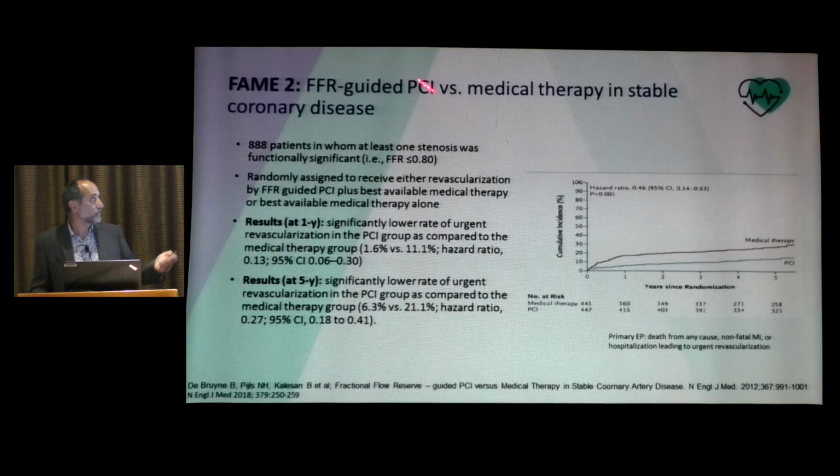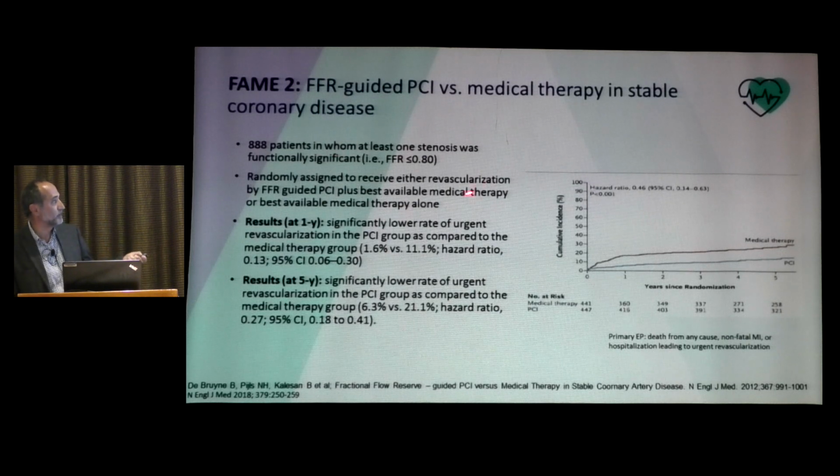Now, I don't know if any of you attended the last ESC in Munich, but FAME 2 was presented there, and FAME 2 is different from FAME 1. FAME 1 was randomizing patients to optimum medical therapy versus FFR-guided PCI, and FAME 2 compares FFR-guided PCI versus medical therapy in patients with stable coronary artery disease.